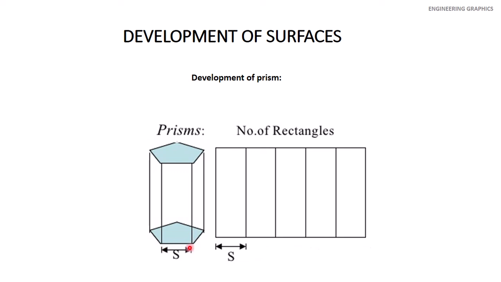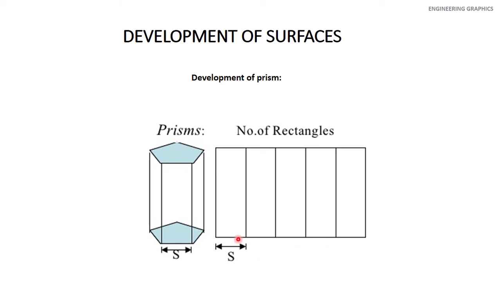So we have to draw a rectangle whose base, or the horizontal line, should be equal to 5 times this edge S, because we have the 5 sides of this pentagonal prism. 1, 2, 3, 4, 5, so it is 5S.